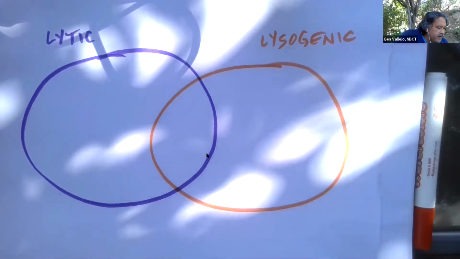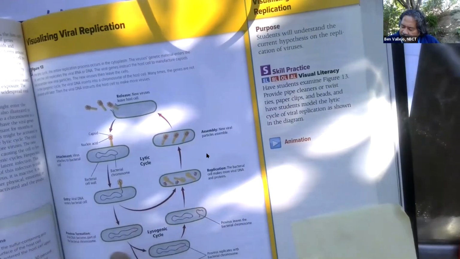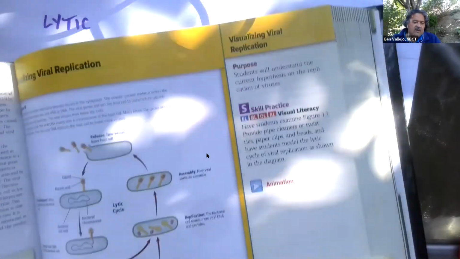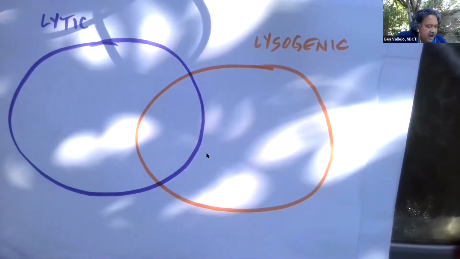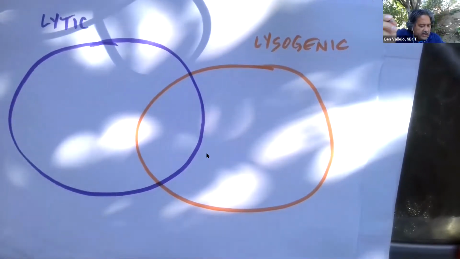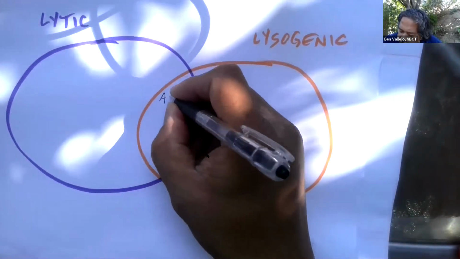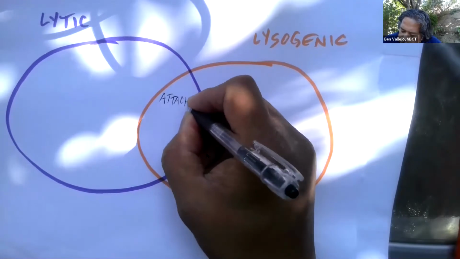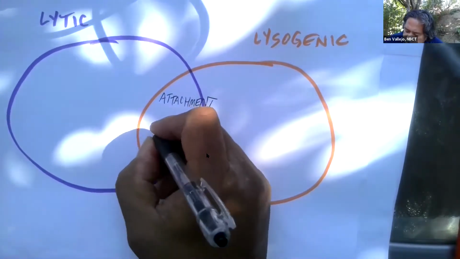Now, if you look at the diagram from what I just said, I'm just going to write the bold term right here, but you're going to fill in all the rest. Okay. I know you did the reading, but I would take it straight off of the diagram here on page 529, because what happens in both of these is attachment, okay, and also entry.